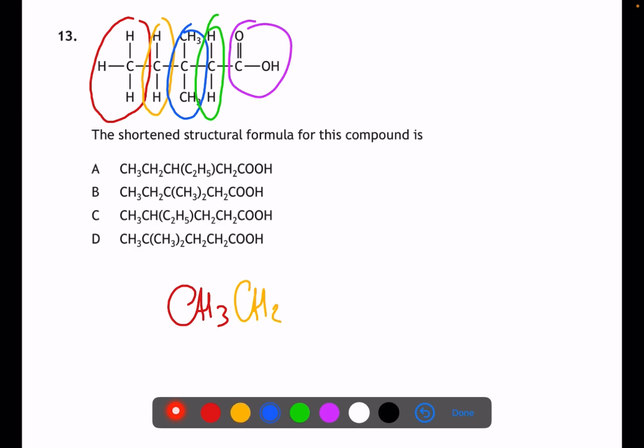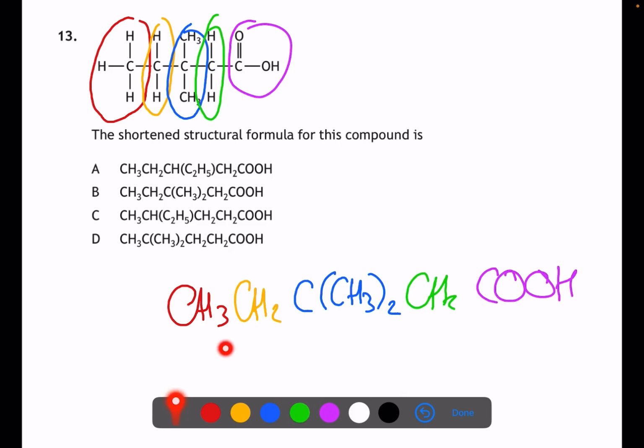The next one's a bit more tricky. So you've got the C, and then it has CH3s. It's got two of them attached. So that goes in brackets with a 2 on the outside. CH2, COOH. You then just need to compare what you have written to what we have in the options. And we can see that the option that is correct is B.